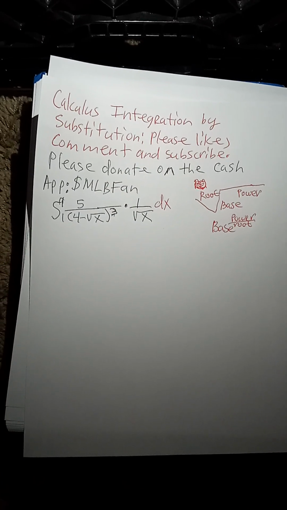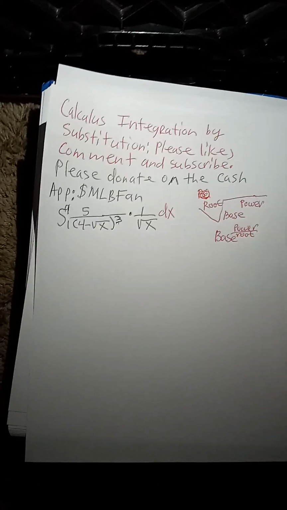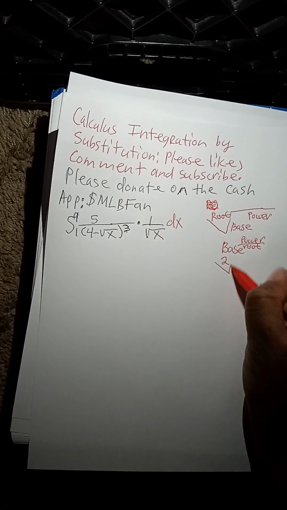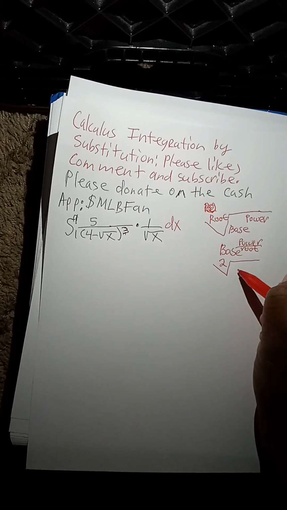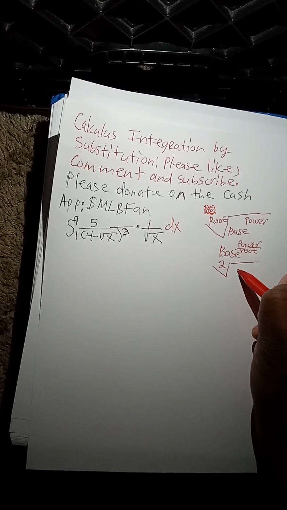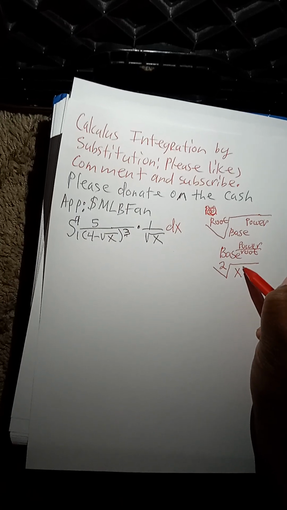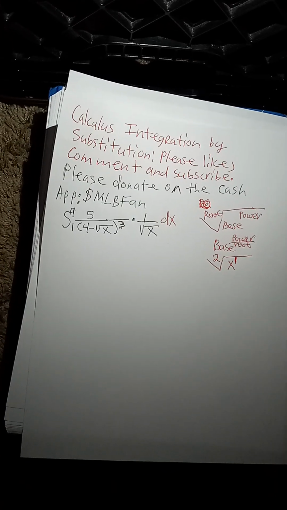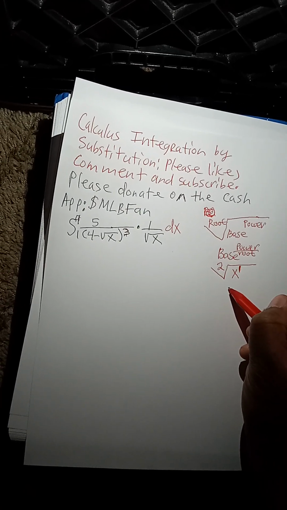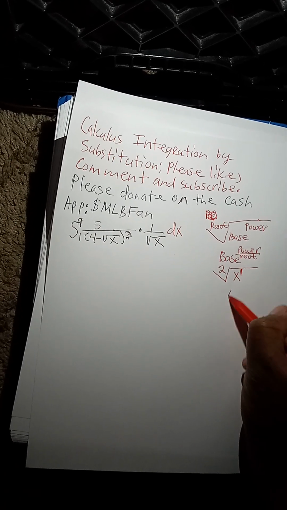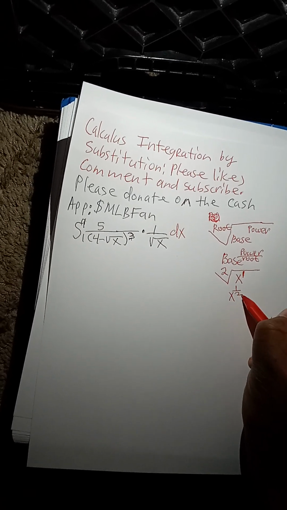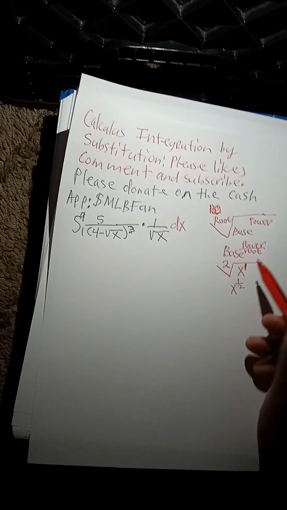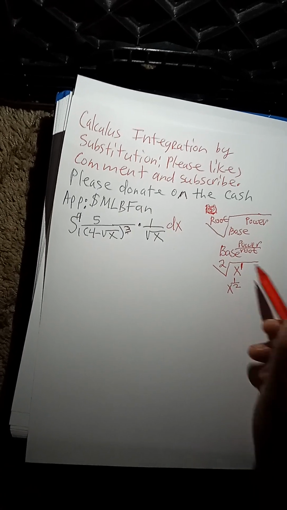Now a square root has a root index of 2, and the power above x is technically a 1. So we want to flip that around as x to the 1/2 power, because the 2 is the root index, the x is the base, and 1 is the power.